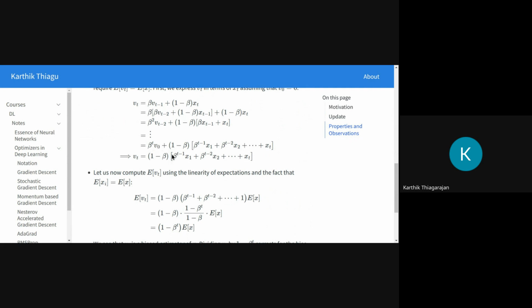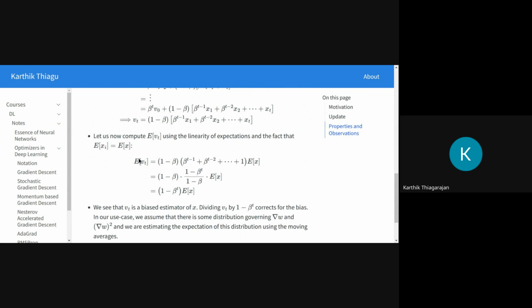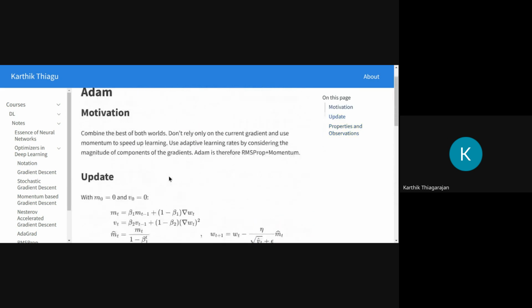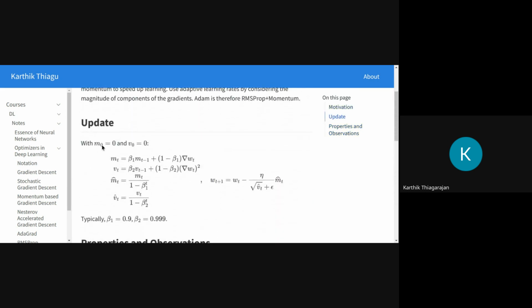So your update has to be 1 minus beta power t plus 1. Ideally, I would change the update equation to m0 equal to 0, v0 equal to 0, and then start this from m1, right? Okay, sir.